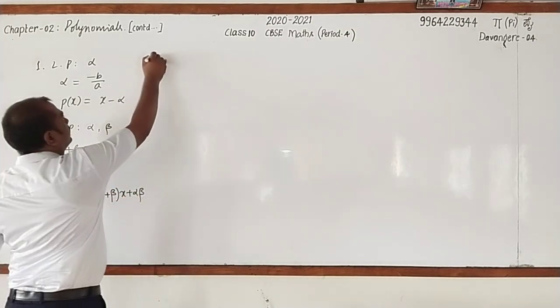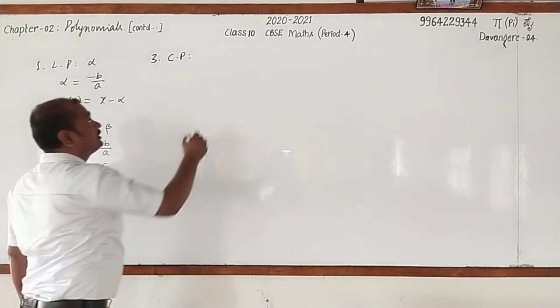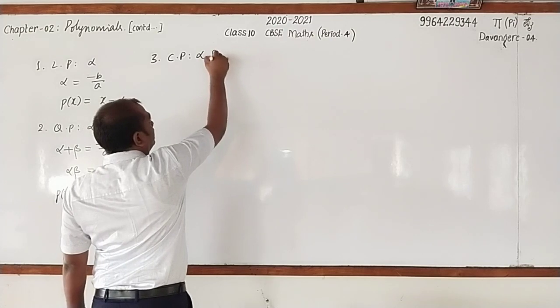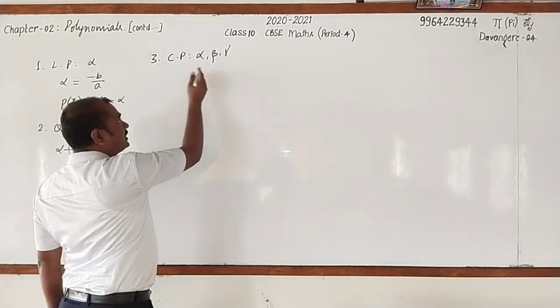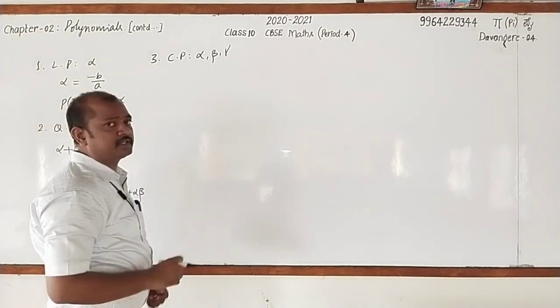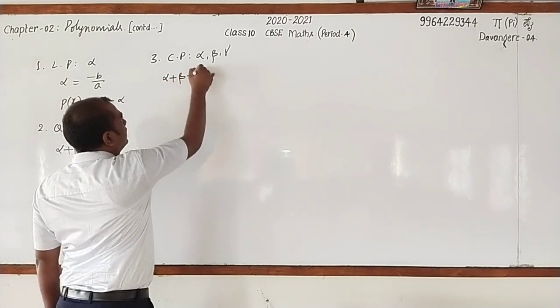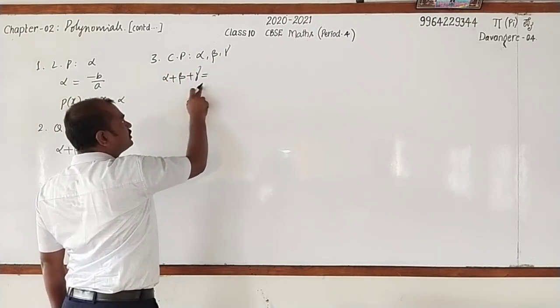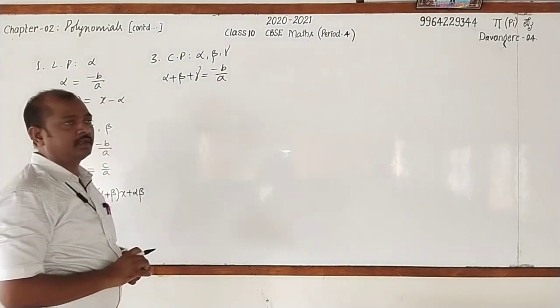Yes. Third one, this is cubic polynomial and it has three zeros. They are alpha, beta and gamma. Then the relationship between zeros and coefficients can be written as alpha plus beta plus gamma, that is sum of zeros, is equal to minus b by a.